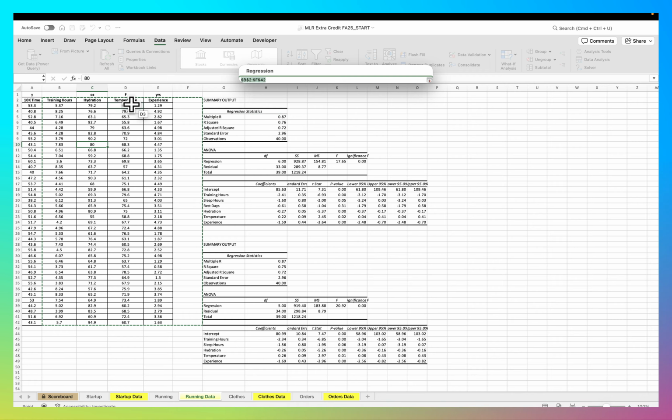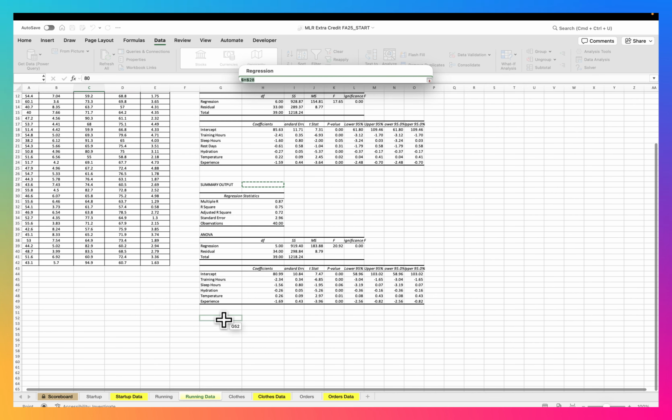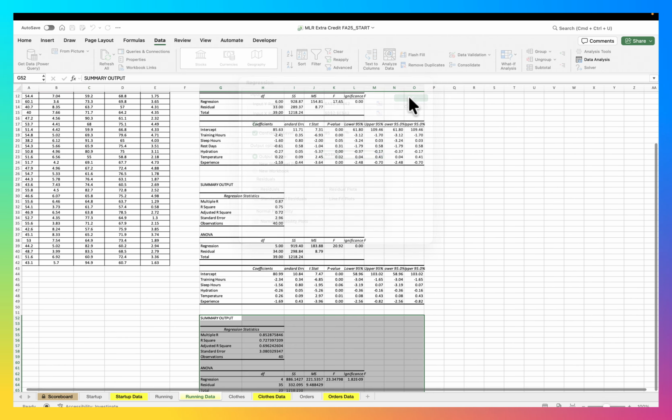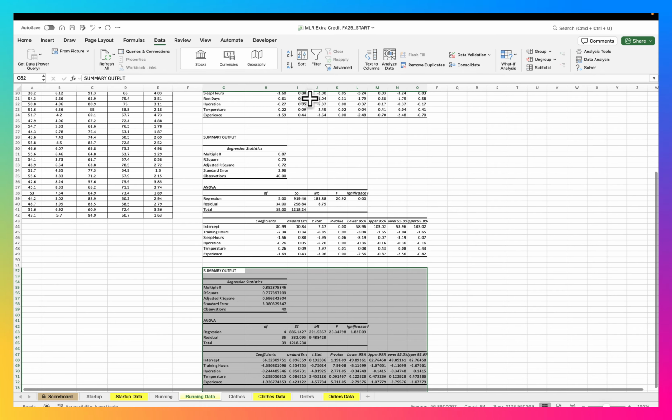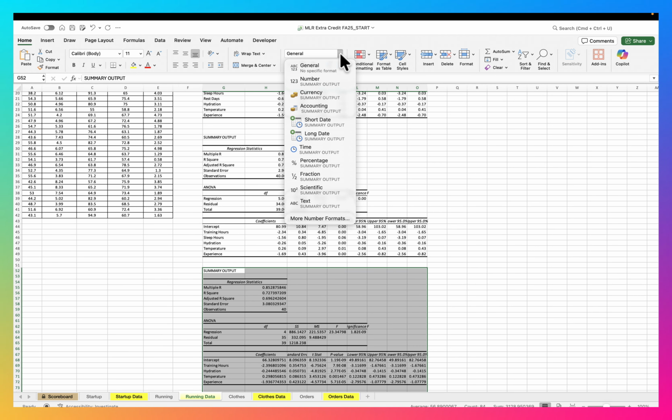The X range has to change, contracts by one column. And the output range now moves down. Click OK. Remember, while it's still highlighted, go to the Home tab and choose Number.